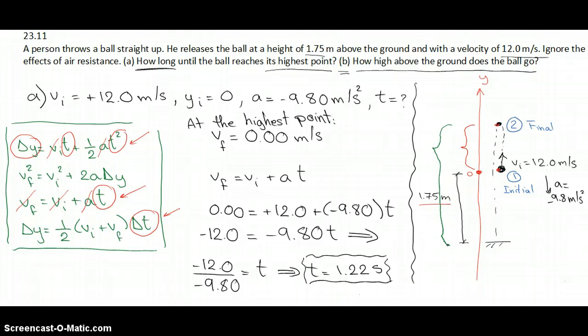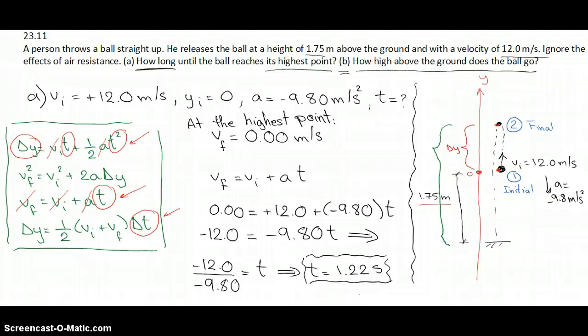Okay. Now as I look at the diagram, I realize that this red part is my delta y. And the black part, the origin, is 1.75 meters above the ground.